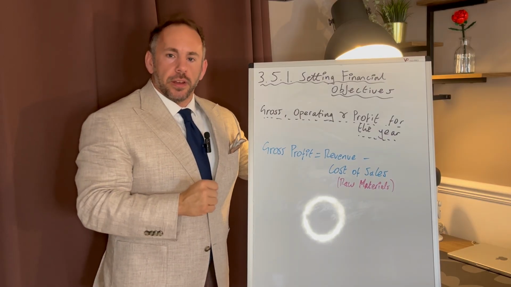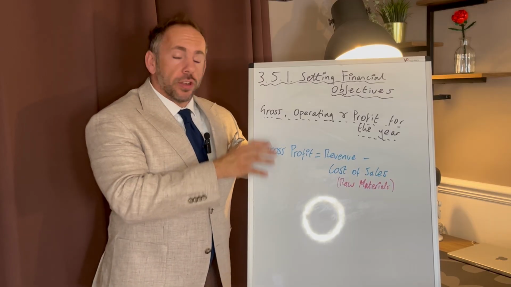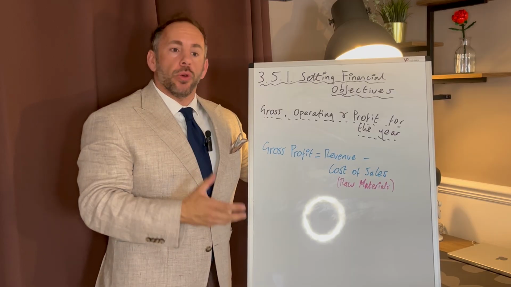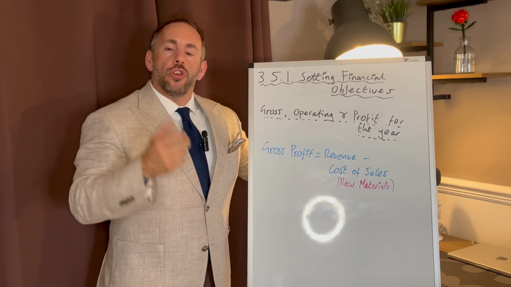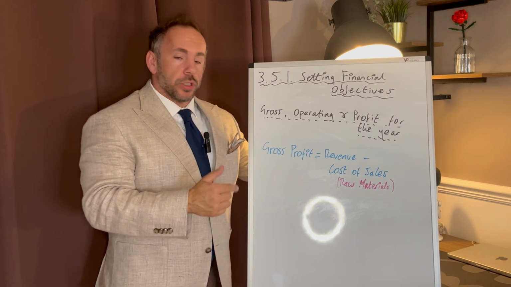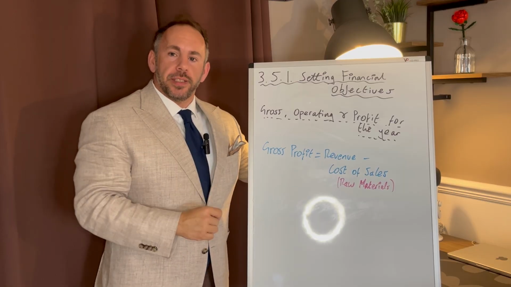If you're a hairdresser, your gross profit should be really big because your cost of sales should be really low. However, if you're Tesco or you're Ford and you're manufacturing cars, you'll probably find that your gross profit is very low because your raw materials are very expensive. They take up a large proportion of all of your expenses.